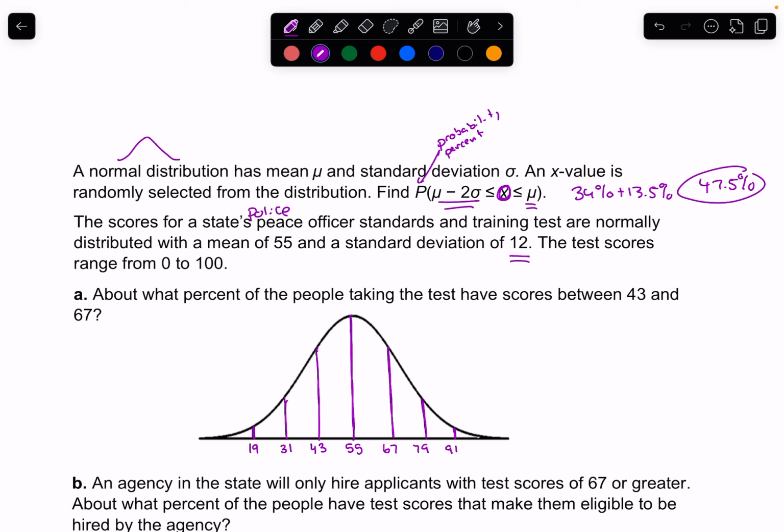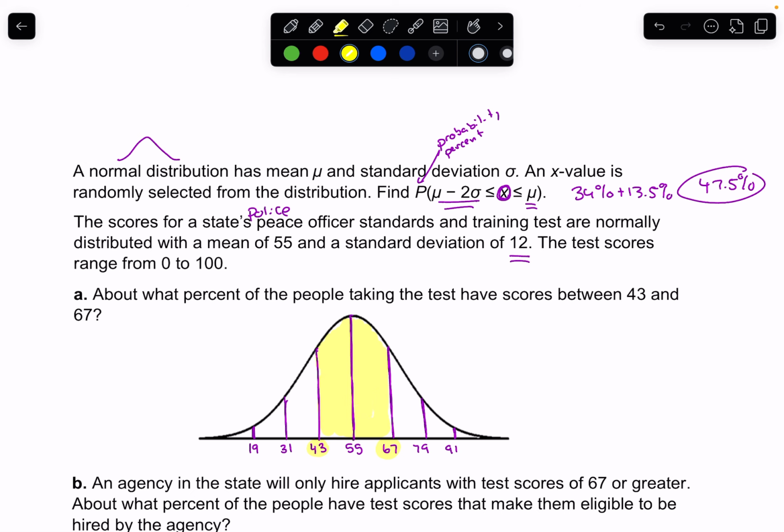So the question goes on to say about what percent of people taking the test score between 43 and 67. So when I look at my chart, 43 is right here, 67 is right here. So it's asking me what percent of the graph is in between those two numbers.